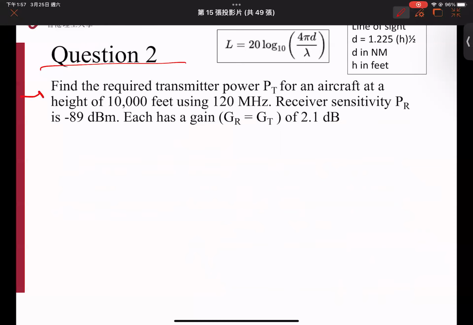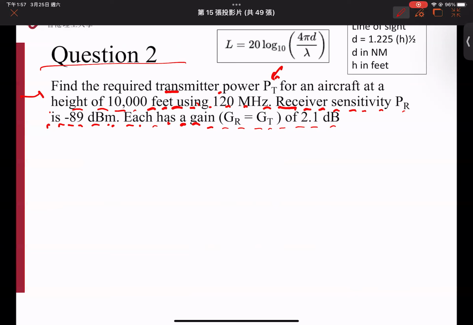Let's look at this example, and we're going to find the required transmitter power for an aircraft at the height of this, using this kind of frequency of signal, and below is some information related to our receiver, the specification of our receiver, and also some of the other terms. Okay, so we're going to calculate the requirement of the power.